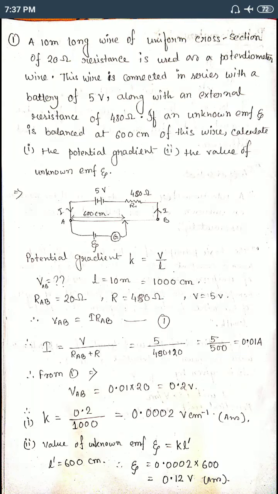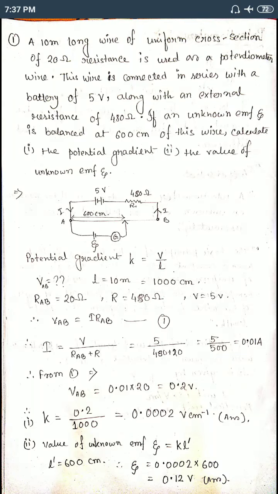Next, an unknown EMF E is balanced at 600 centimeter of this wire. In potentiometer we know that two cells are used to compare the cells, and to find the internal resistance we use only one cell.